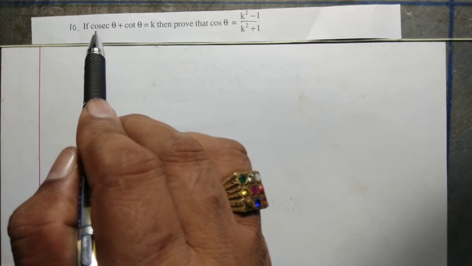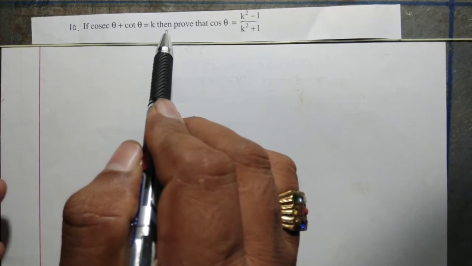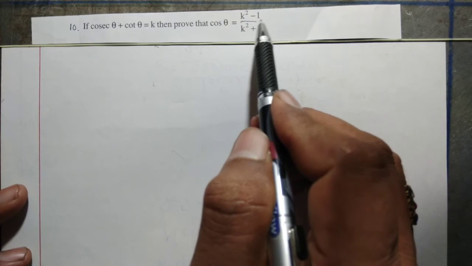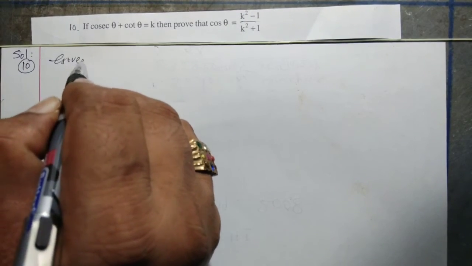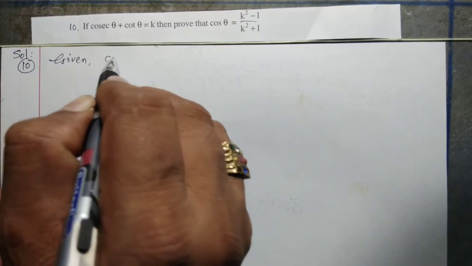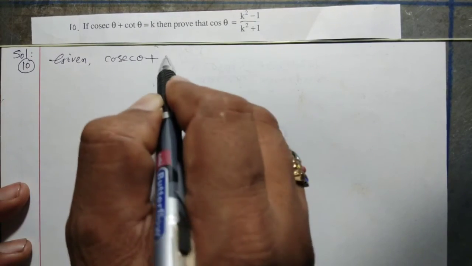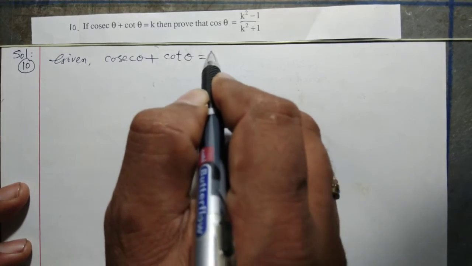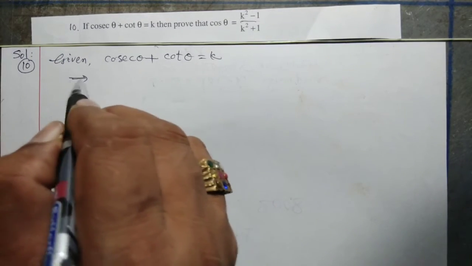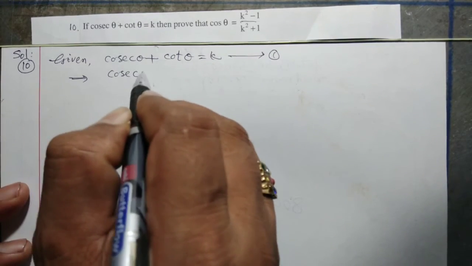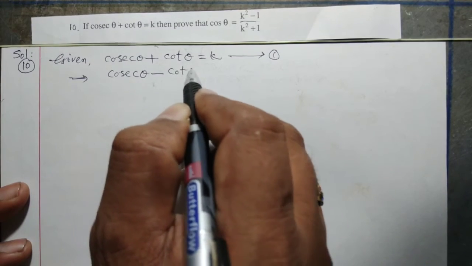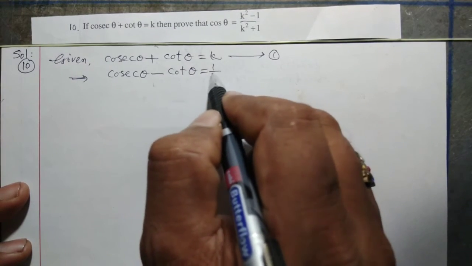Question number 10. If cosec theta plus cot theta is equal to k, then prove that cos theta is equal to k square minus 1 by k square plus 1. Solution for 10th problem. Given cosec theta plus cot theta is equal to k, this is equation 1. Cosec theta minus cot theta is equal to 1 by k.